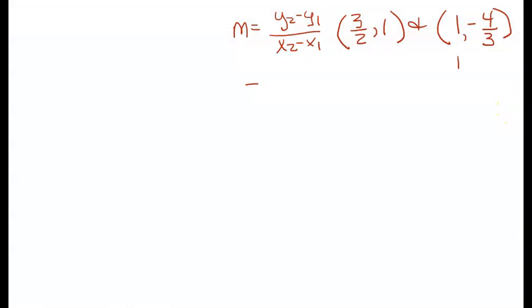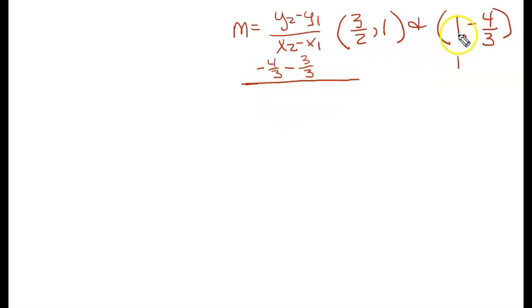Now here we have fractions, which we can work with here. So we have a negative 4/3 minus 1. Now I'm going to put that 1 in the form of 3 over 3, so I can work with the fractions a little better.